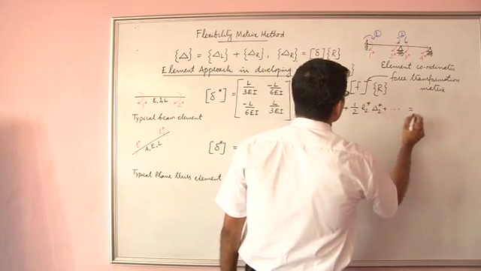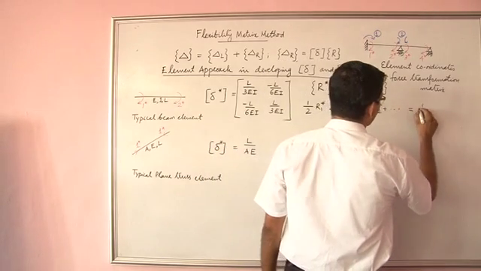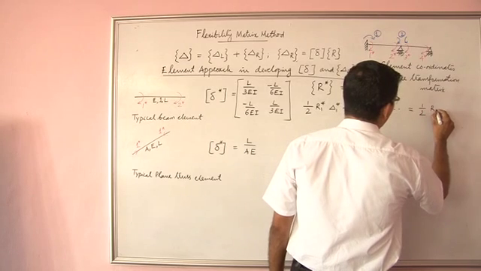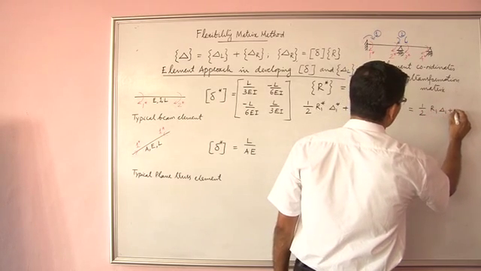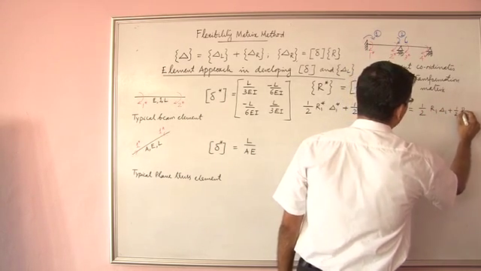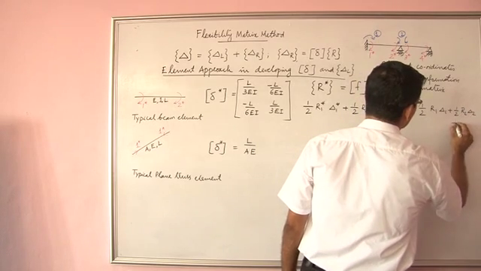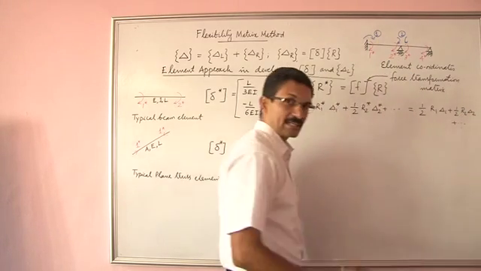is equal to half into R1 delta 1 plus half into R2 delta 2 plus etc. in a general case.